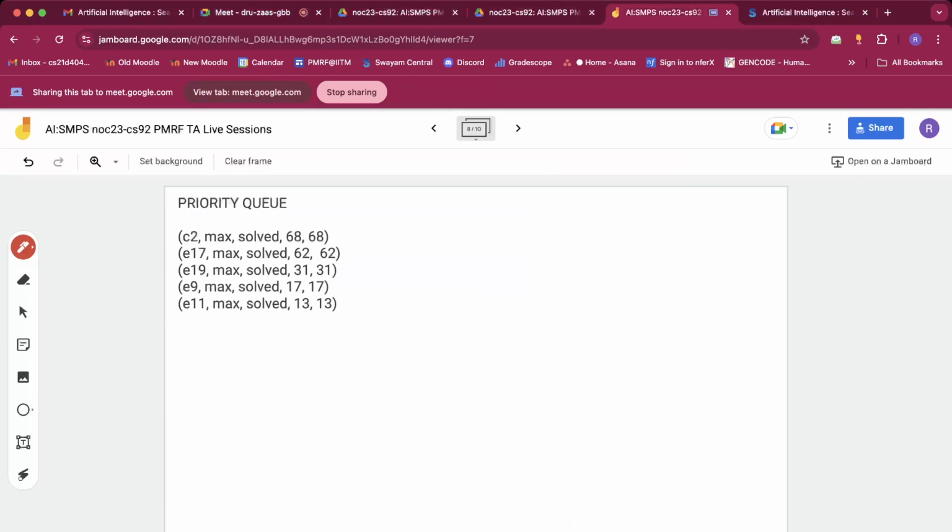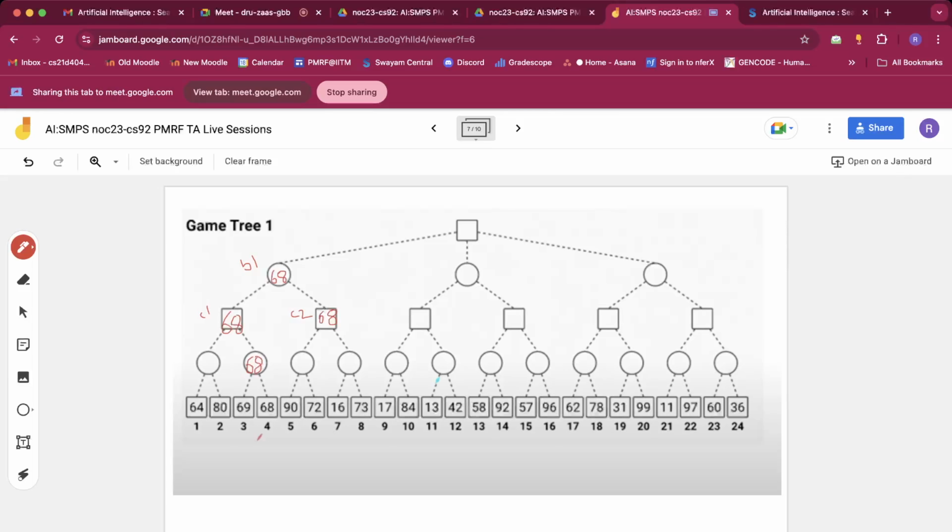Let me go back to the tree. When we were examining C2, let's go back to the position where we had not solved C2. C2 is a sibling of C1, right? So consider this part of the game tree to be a game tree of its own, and then apply the SSS star algorithm from the beginning to just this part of the tree.